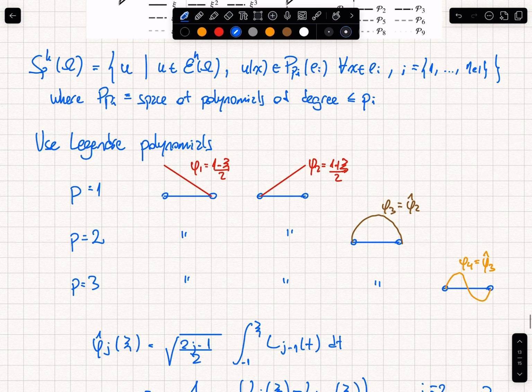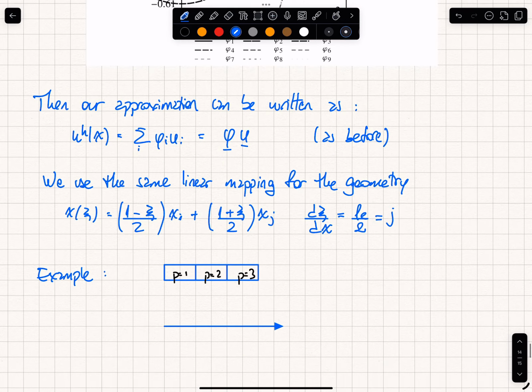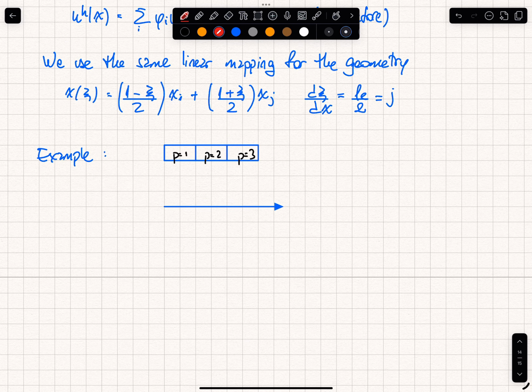So if I remember, we had our linear functions. Obviously, this one is phi1, phi2, phi3, phi4.